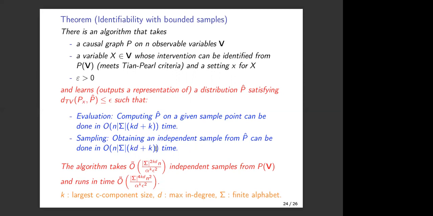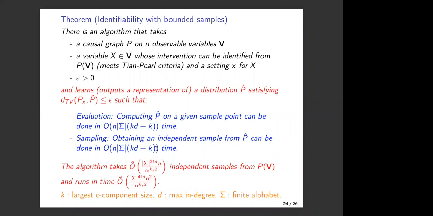So typically, if I assume k, d, etc. are constant, then the number of samples required is n by epsilon square, and the time complexity is similarly n square by epsilon square. Now there is a variable here, alpha. Notice that alpha represents the number of samples you need to find a certain specific joint distribution.